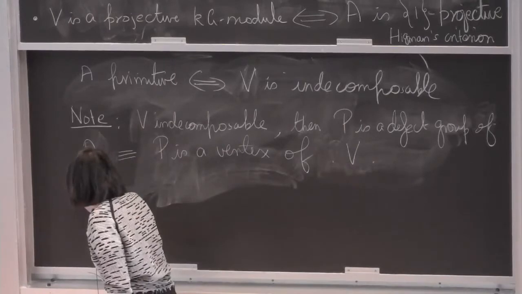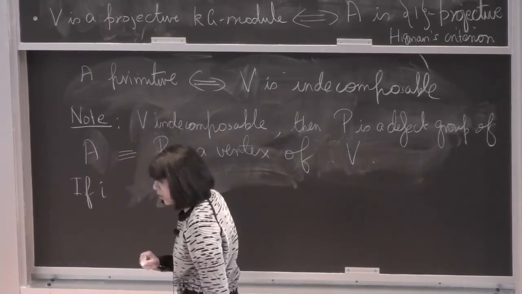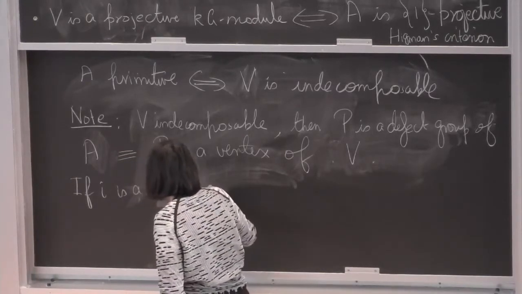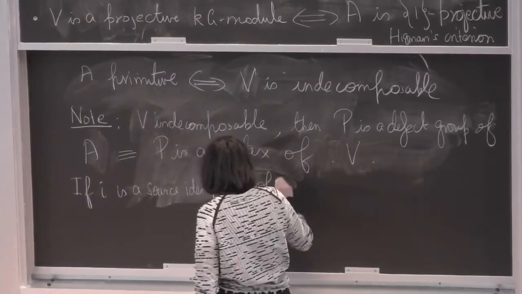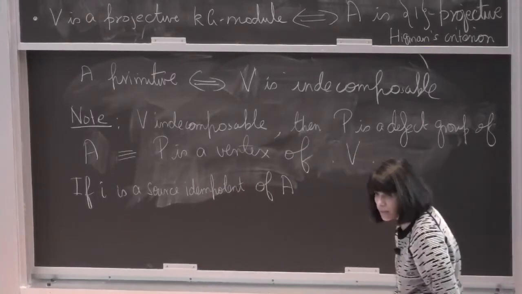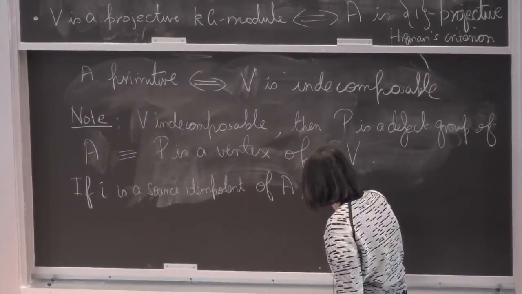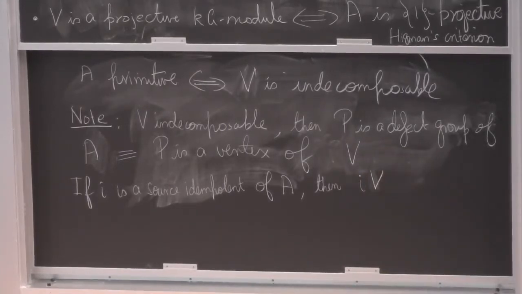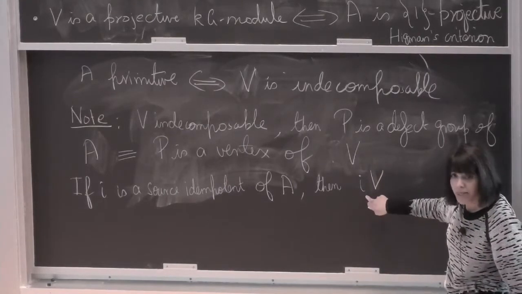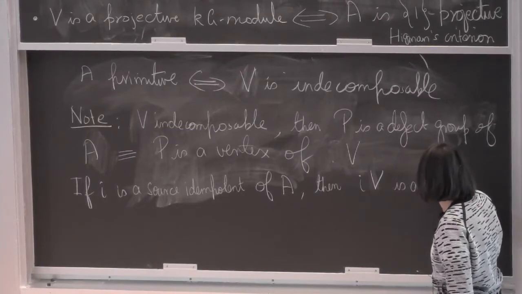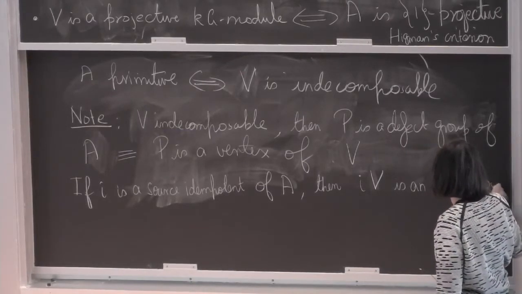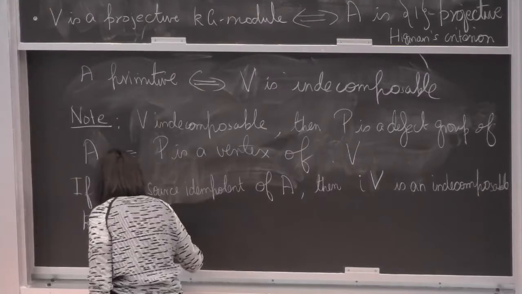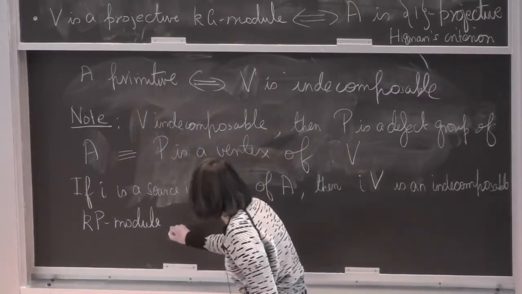In this situation of endomorphisms of a module, if I is a source idempotent of A with respect to the vertex P, then look at the module that you started with, V, and multiply it with I. Then this is an indecomposable KP-module, and this is what's called the source.